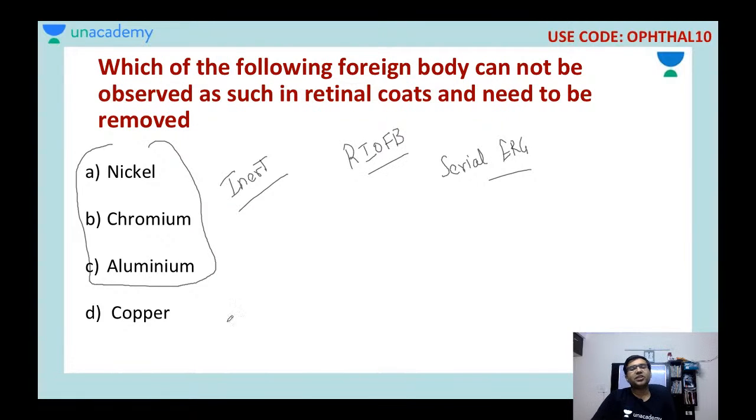But remember, a patient who has a copper or an iron foreign body has very high toxicity to the retina, and these have to be removed from the eyeball. Okay, so the answer here is D.